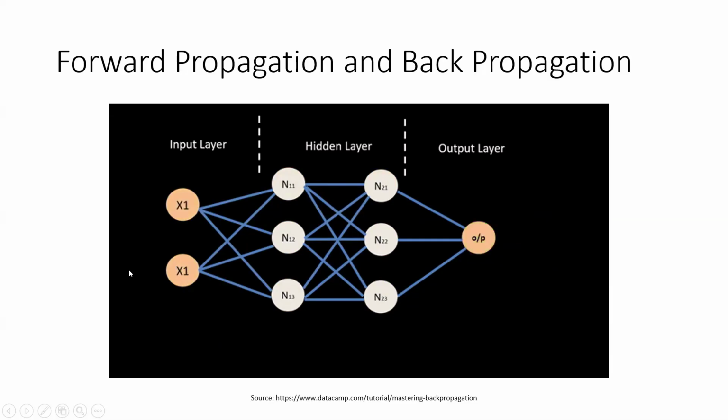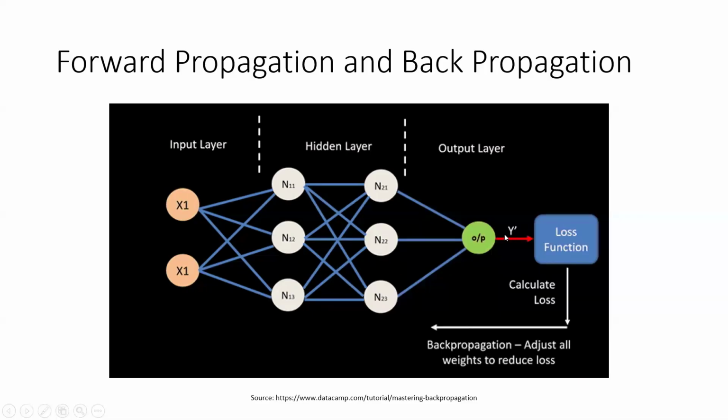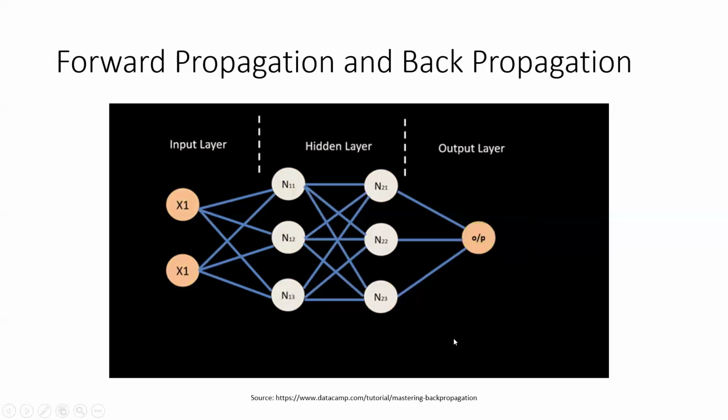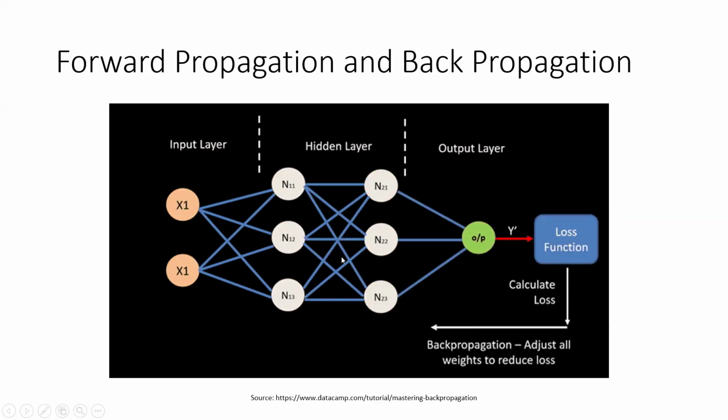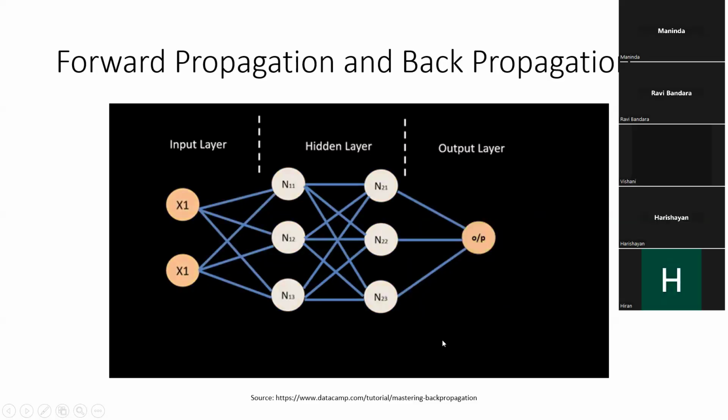When you are making predictions, the forward propagation is making predictions, layer by layer. There is a difference between the real value and the predicted value, so that is why the loss is there, right? We calculate the loss, and this loss is backpropagated from the last layer to the earlier layers, so that the weights of each of these neurons get updated, right? With backpropagation, this is what we do.